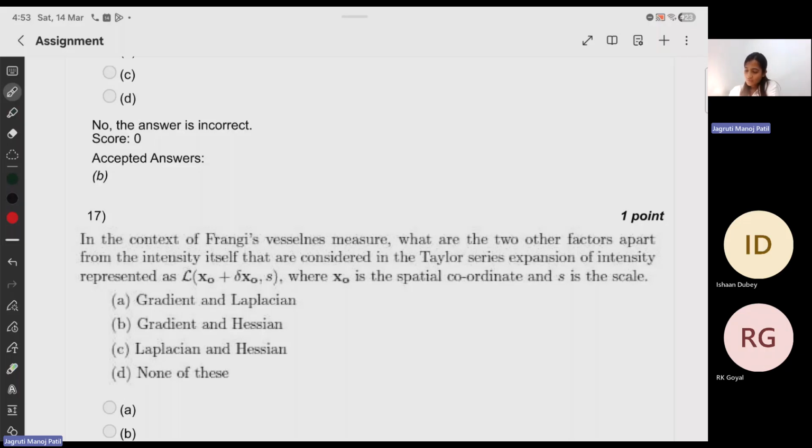So which were the others that we looked at? One was matrix based, and one was the keyword we just heard. Hessian, and so gradient and Hessian. Exactly. Hessian and gradient.